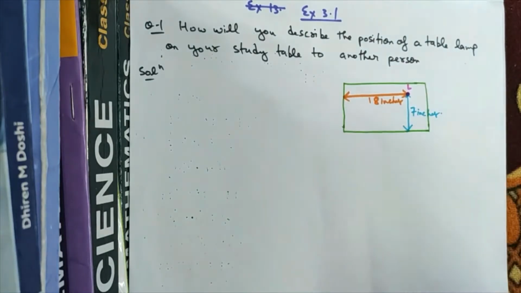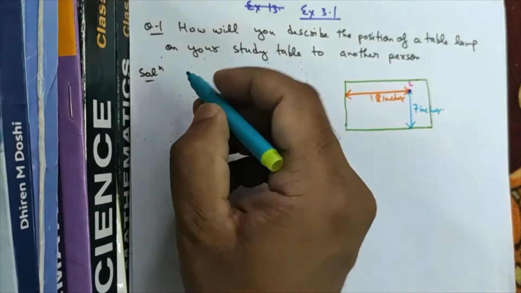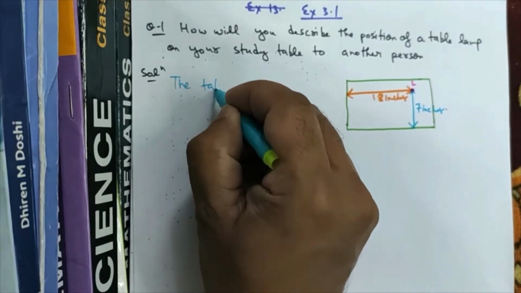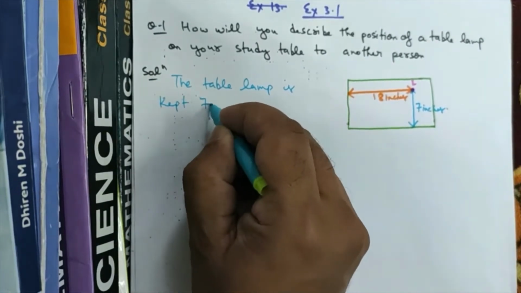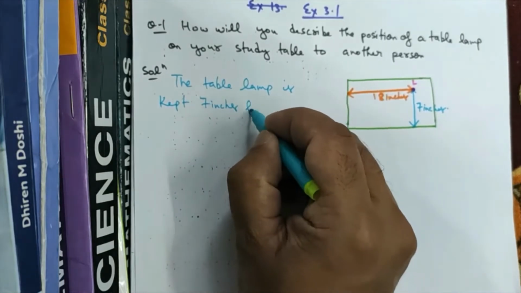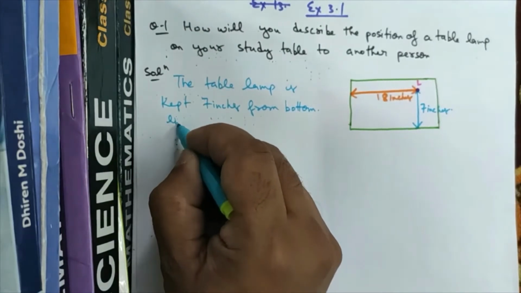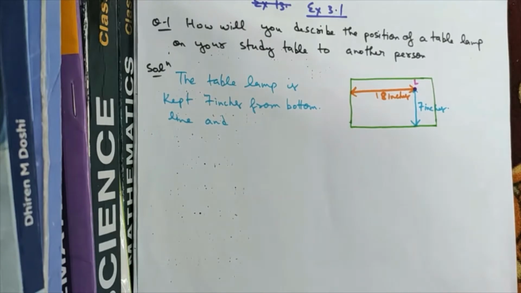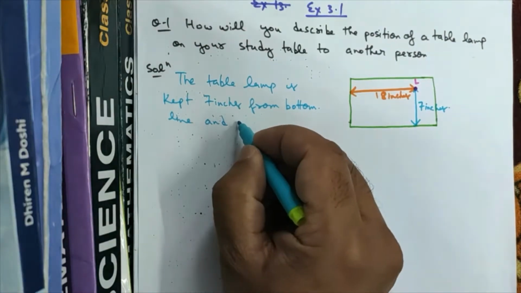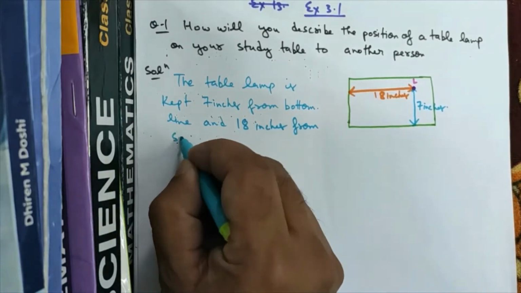So we say that the table lamp is kept 7 inches from the bottom line and 18 inches from the side line.